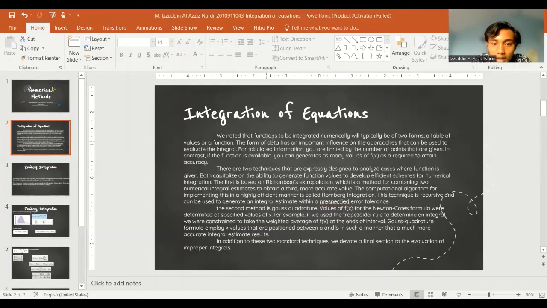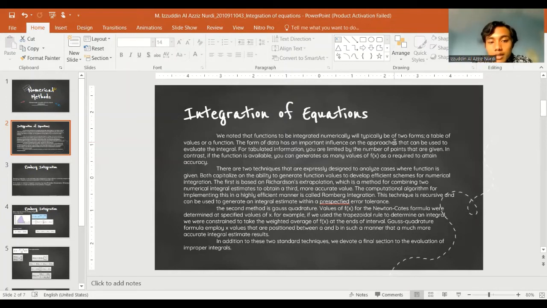Equations. We know that functions to be integrated numerically will typically be in the form of a table of values or a function. The form of the data has an important influence on the approaches that can be used to evaluate the integral. For tabulated information, you are limited by the number of points that are given.